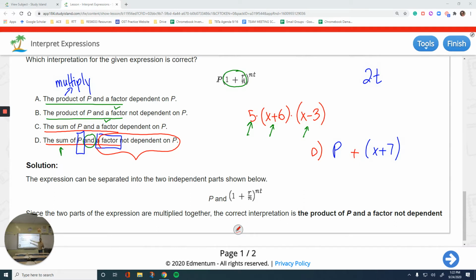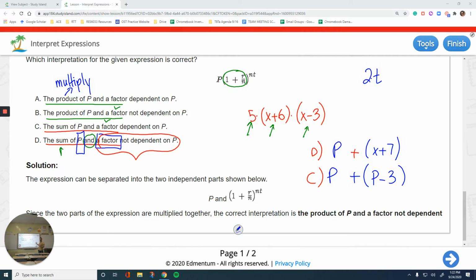Let's talk about C. How would it look if I'm talking about the sum of P and the factor that is dependent on P? Here is C: the sum, put that in the middle, of P and a factor dependent on P, such as P minus 3, or 5P, or P over 2.